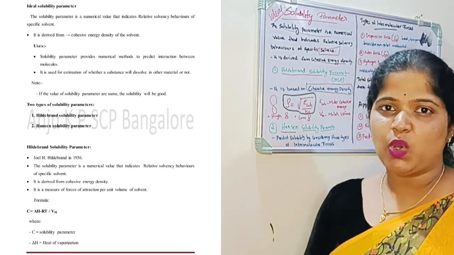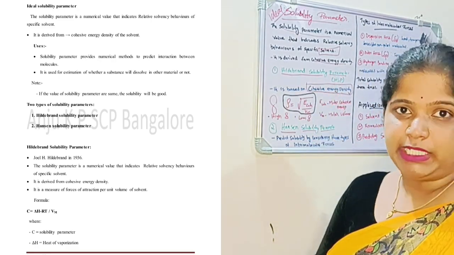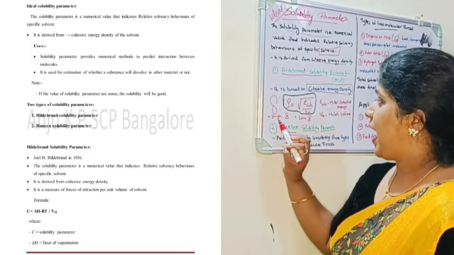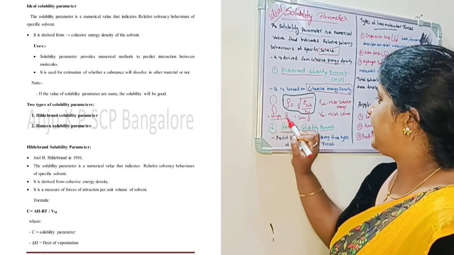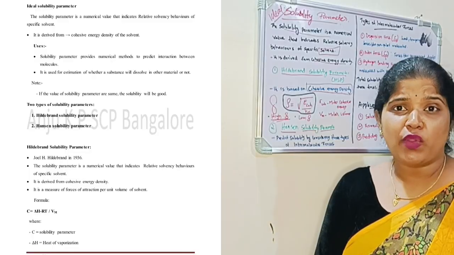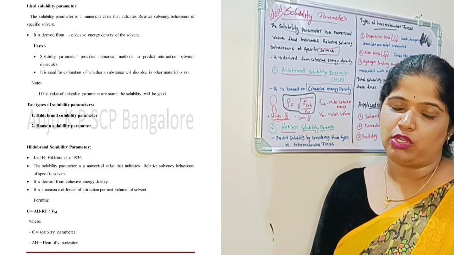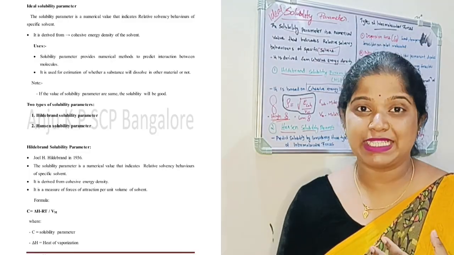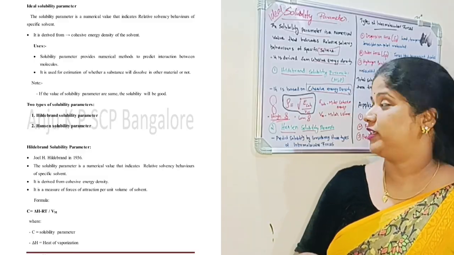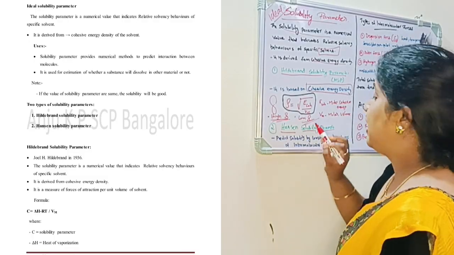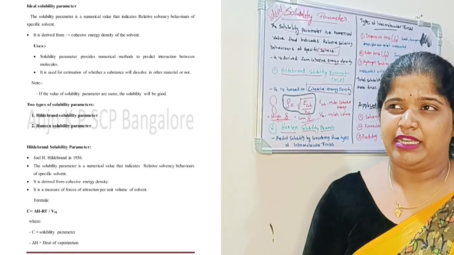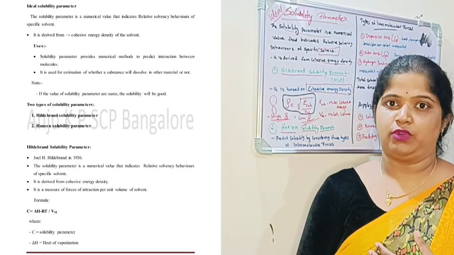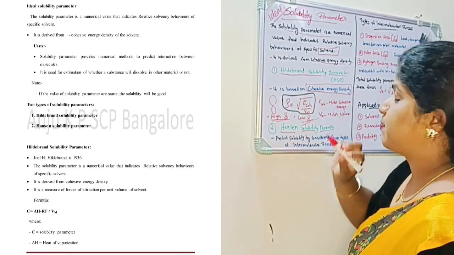As per the Hildebrand solubility parameter, we have high delta as well as low delta values. In the high delta value, strong intermolecular forces like hydrogen bonding are involved. In the second case, the low delta, forces like dispersion force are involved.